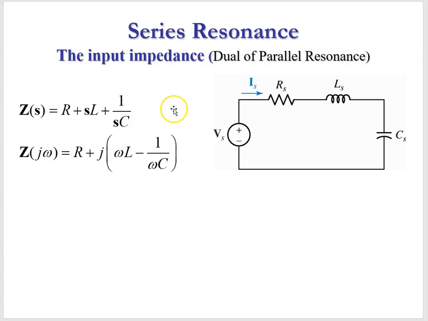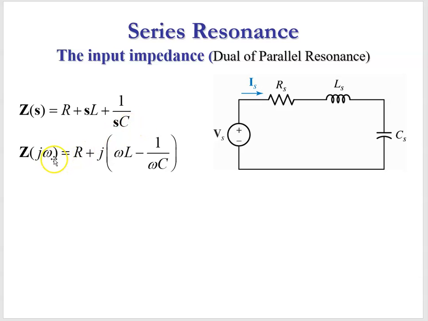So whereas in a parallel RLC, we summed up the admittances to find the input admittance of a driven current source, here we'll sum up the impedances of the three elements to find the input impedance from the perspective of a voltage source. So again, our impedance as a function of s, using the impedance for our inductor as sL, the impedance for a capacitor is 1 over sC.